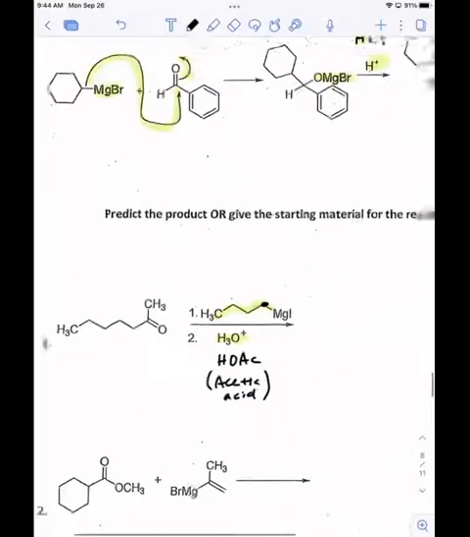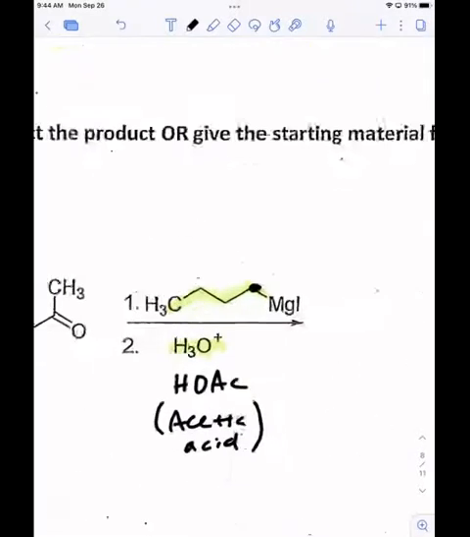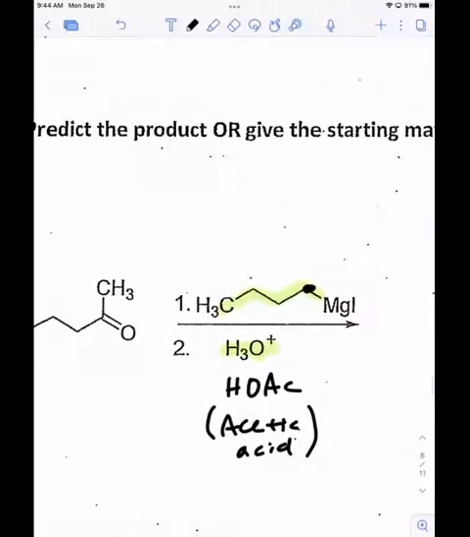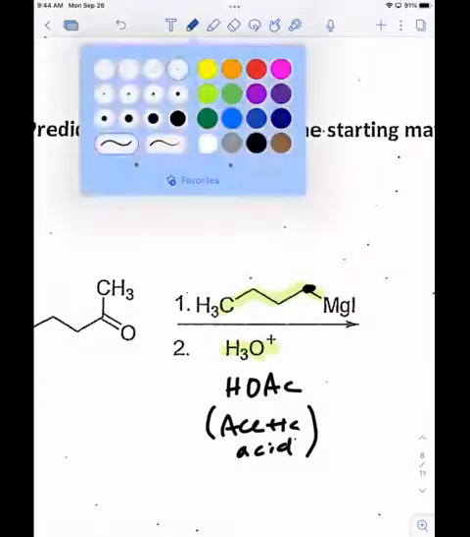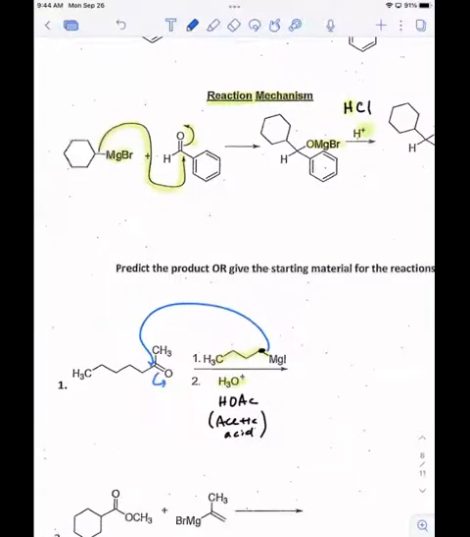All right, so in this example right here, if I follow the mechanism up top, it doesn't change, by the way. No matter what your Grignard is, no matter what your carbonyl is, the mechanism will never change, right? I'm going to attack here, like that, and I'll break that carbon oxygen pi bond.